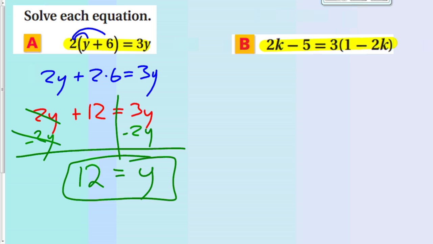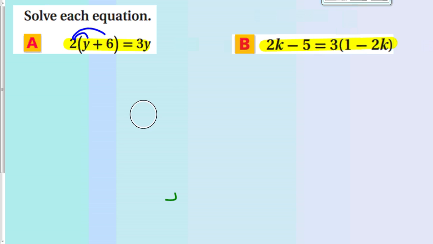Okay. There is one other option there for this one. Real quick, if you've got 2 times a quantity, you could have divided by 2 on both sides right away.